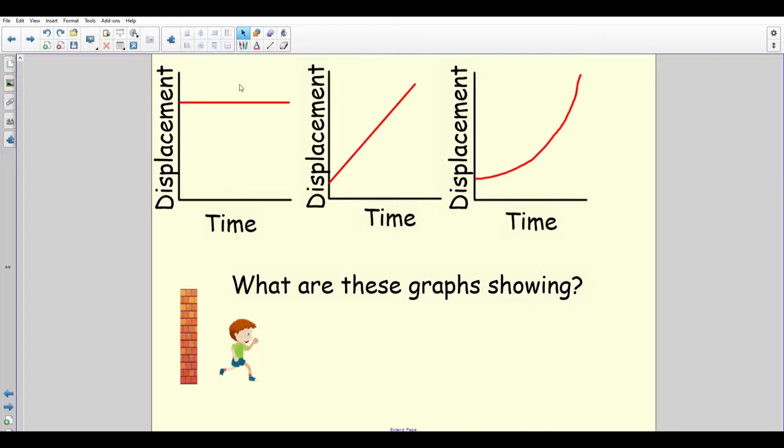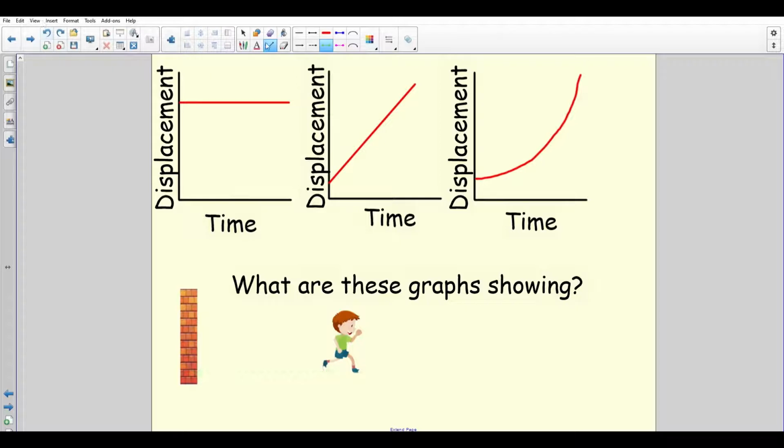Anyway, first one. I'm going to try and show you this little boy at the bottom. Displacement is how far away you are from a certain point, so in this case, how far the little boy is away from the wall. If we measure that every second, we will be able to plot it on a graph.